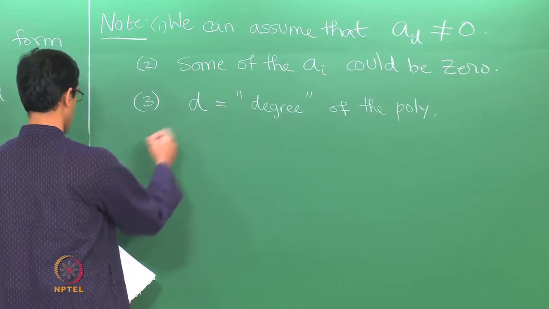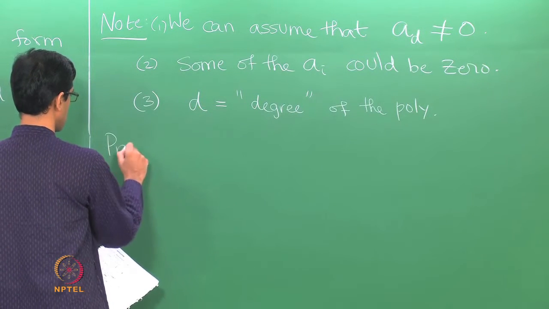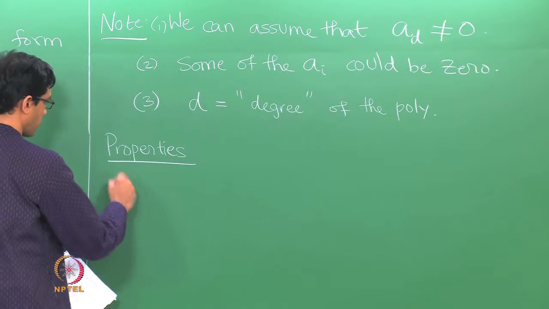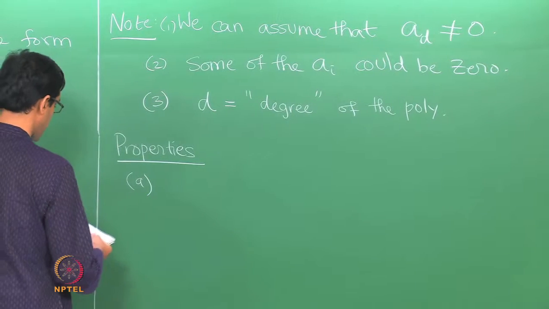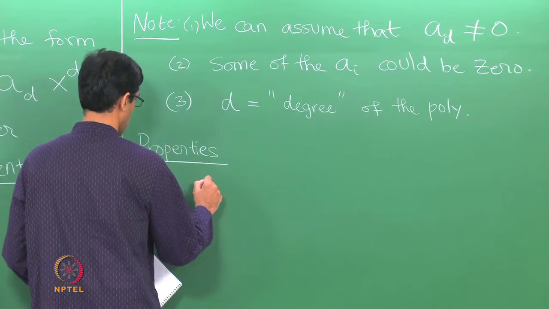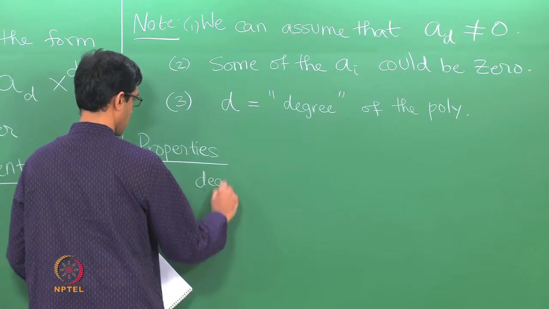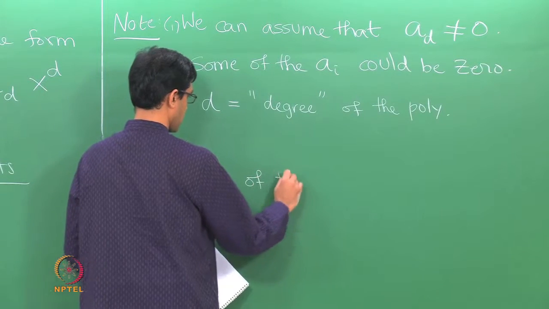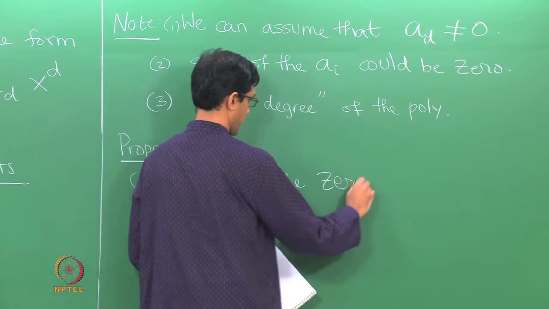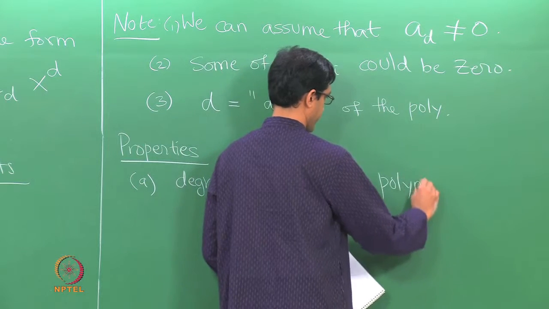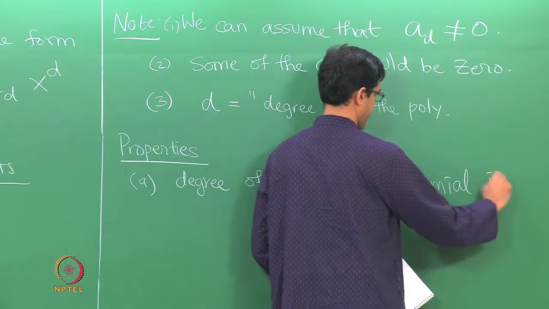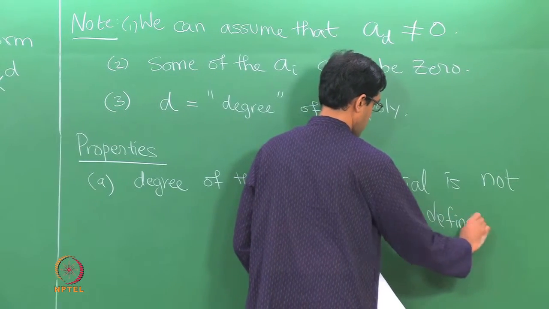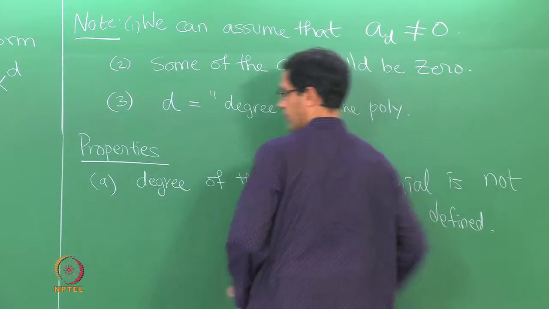Let us see what else there is about the degree itself. Here are some simple properties of the degree that will often be useful. Firstly, the degree of the 0 polynomial is not defined. What do we mean by the 0 polynomial?